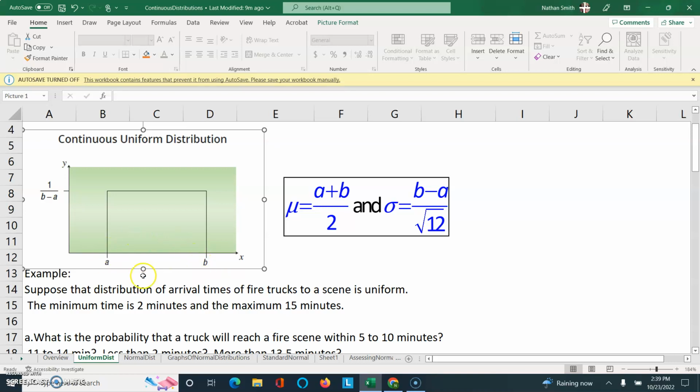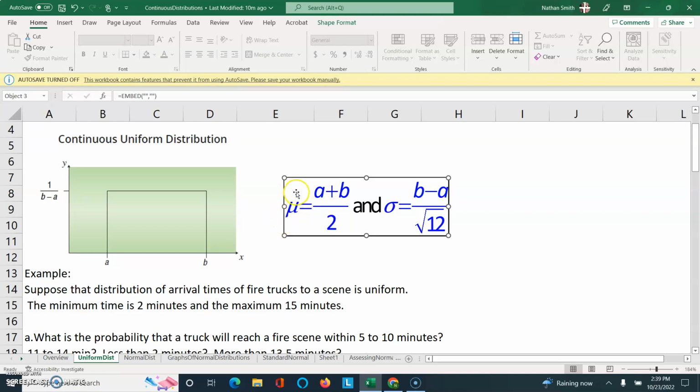Now the height is 1 divided by the range. Remember, B minus A, that's the max minus the min, so that would just be the range by definition. If I take 1 divided by that, I'm saying that I have an equal likelihood of the data being any value between A and B. Now these scary looking equations on the right: every probability distribution can have a mean and a standard deviation.